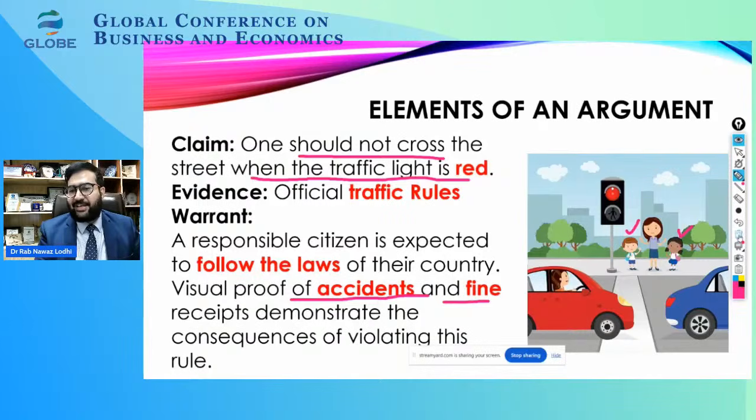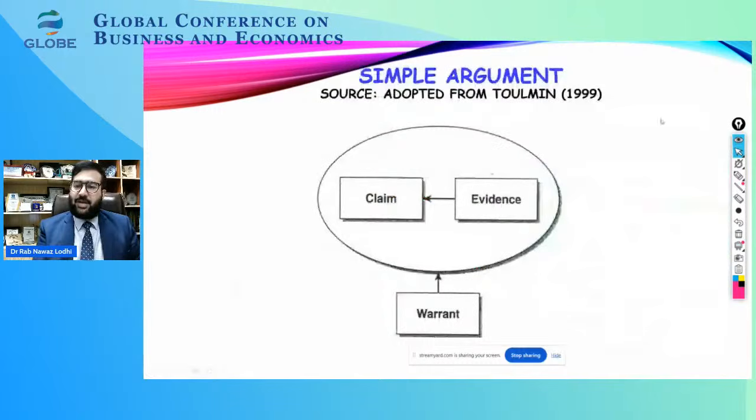So argument has different types, simple argument or maybe complex argument, right? This particular author mentions in their book that the simple argument will have a simple claim, and on the backing of this particular evidence to support this claim. Evidence, sometimes they call the evidence data, right? So this is data.